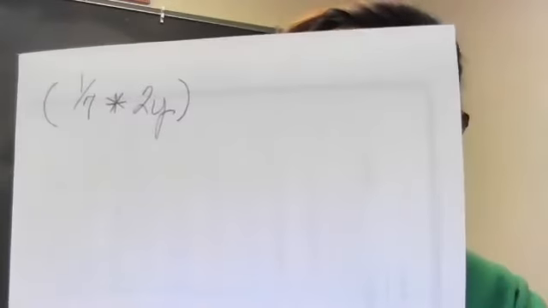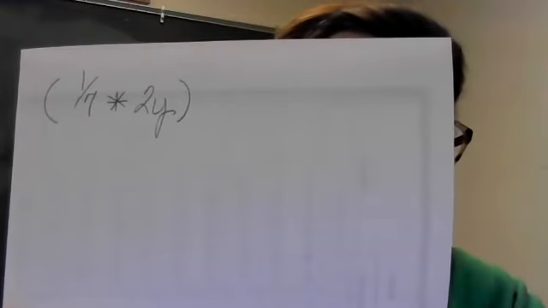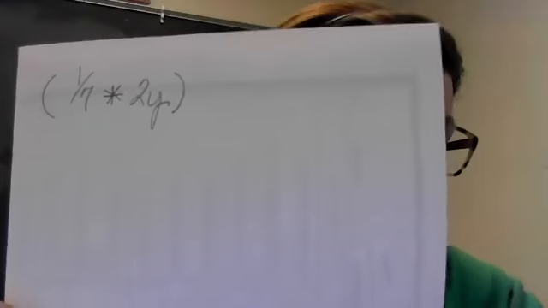The 1/7 goes in first, and the 2y, double means 2 times, double of y. So this is what the product of 1/7 and double of y looks like. And then it says minus, which means subtract, 1/2. Now this is how I would write it.